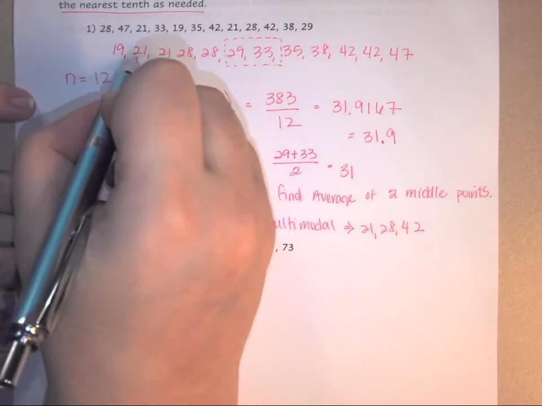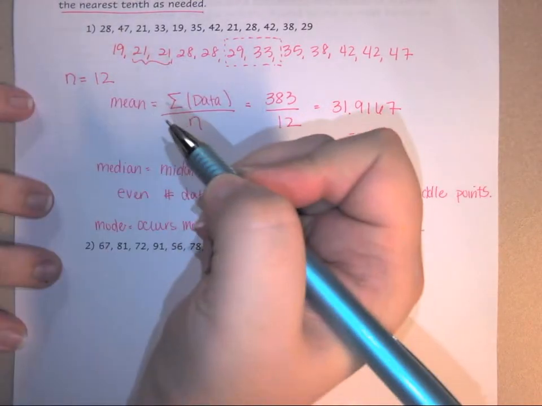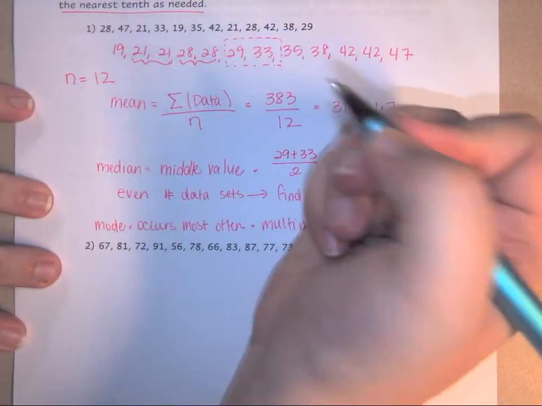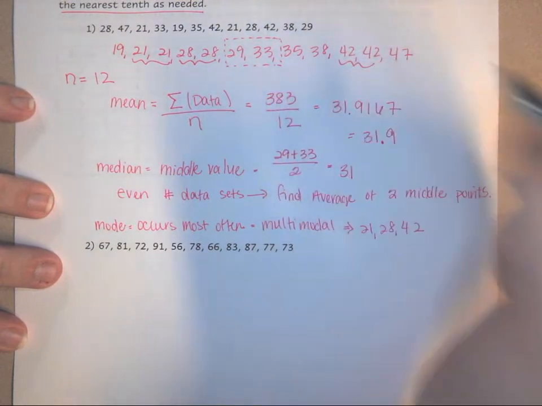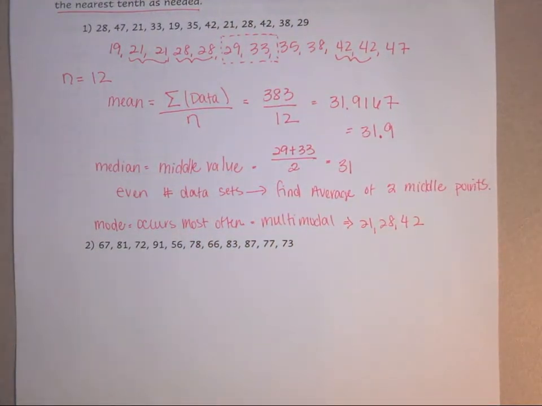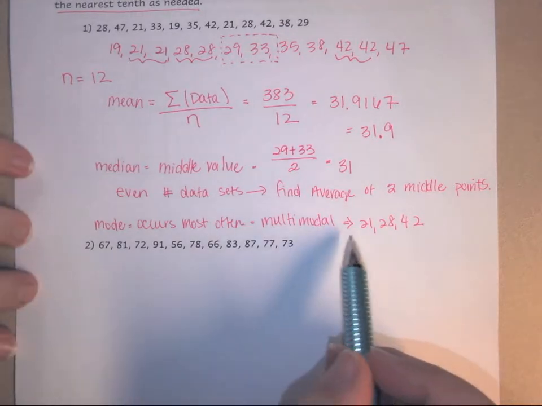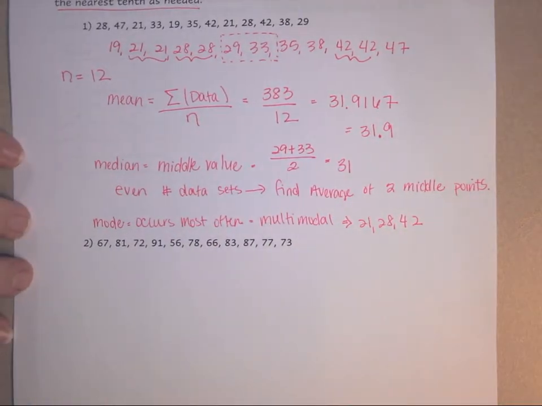If you notice, my 21 occurs twice, my 28 occurs twice, my 42 occurs twice. Since none of them occur more times than the others, we would list them all.